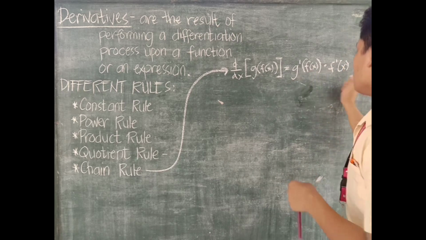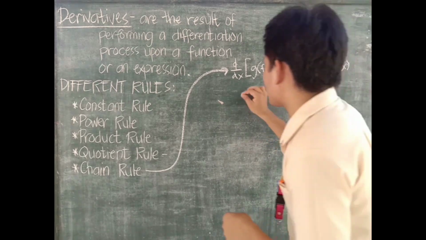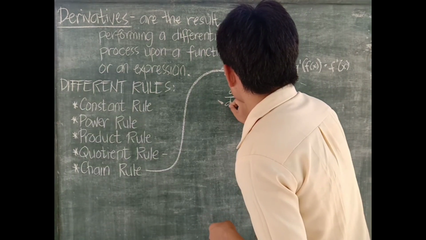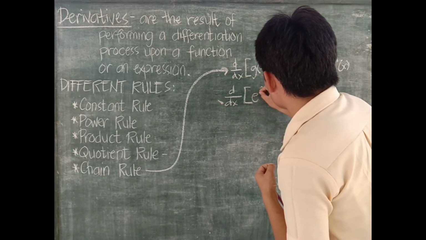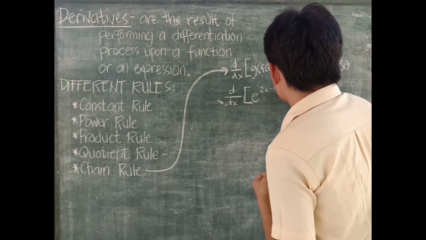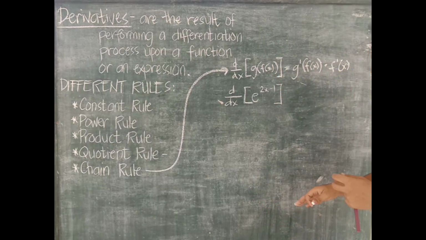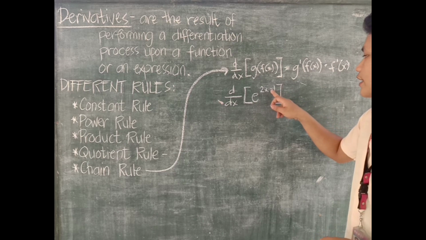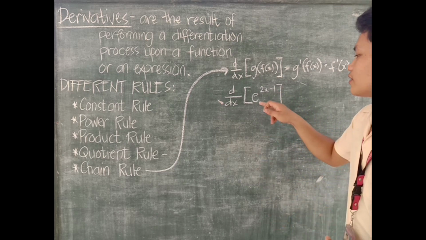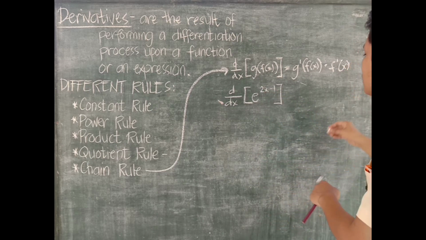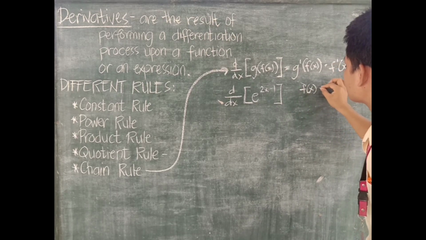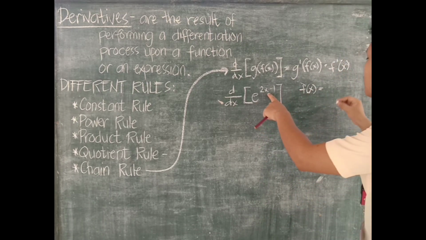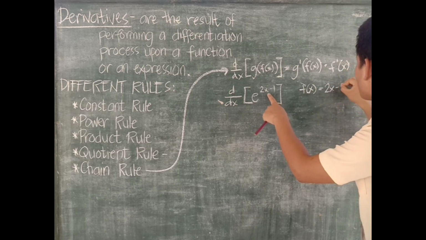Okay, let's do this worked example. We have here the derivative with respect to x of e raised to 2x minus 1. Okay, first let's find the inner and the outer function. We have here the inner function, 2x minus 1, and the outer function, e raised to x. So let's find the inner function. f of x is equal to, as I said a while ago, 2x minus 1.